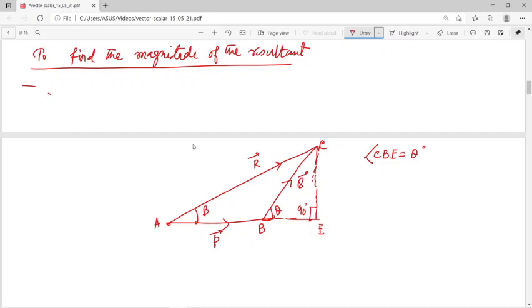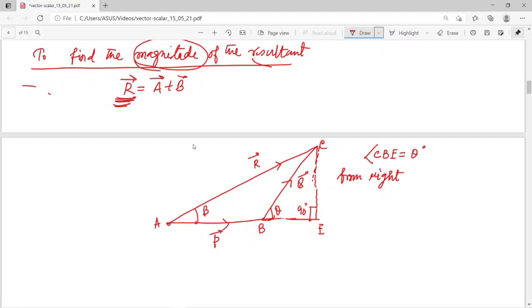From this right angle triangle AEC, we have to find the magnitude of this r. The main thing is that you have to find the magnitude of the resultant as well as the direction. We know that vector r should be equal to vector a plus b, but what should be the magnitude of this r, and what should be the direction of r, you can find from this particular formula.